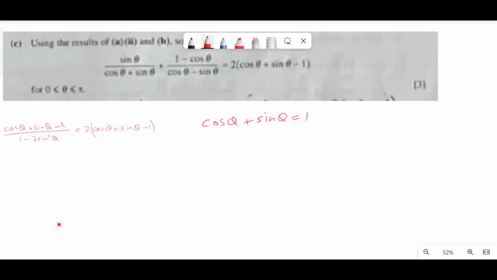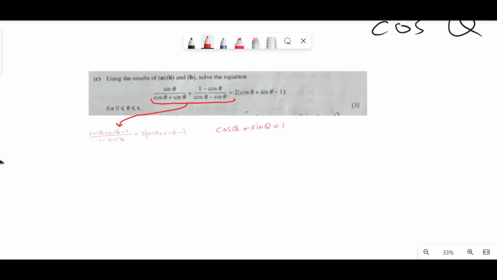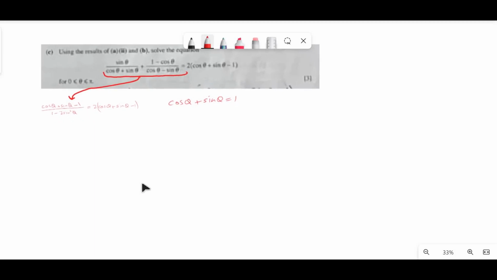What we can do, first of all, is rearrange. We know that in part B, this whole thing is equal to this one. If we want to simplify it, we can just simply rearrange it. This is the answer of part B, by the way.